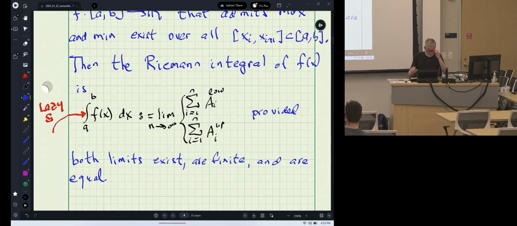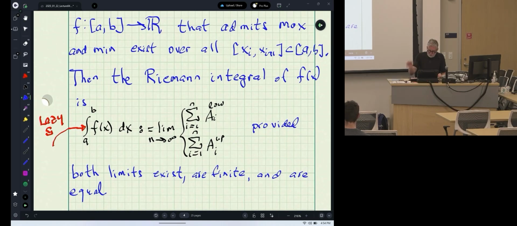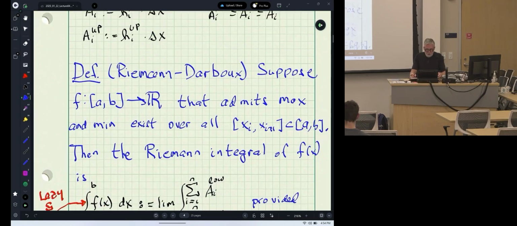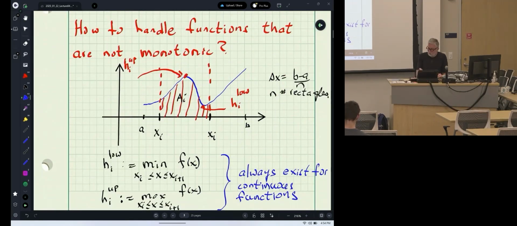Okay, so that's how the Riemann integral is defined. It's simply the area under the curve between a and b. We get the lower bound by taking the minimum value of the function over a given subinterval. We get the upper bound by taking the maximum value of the function. And then we simply squeeze x_i and x_{i+1} together by taking n to infinity.